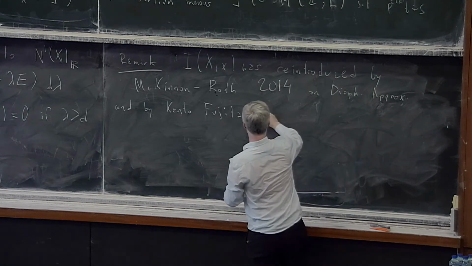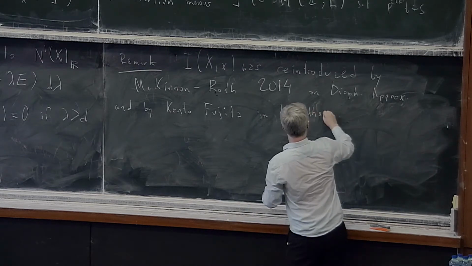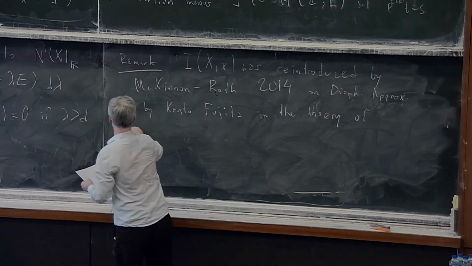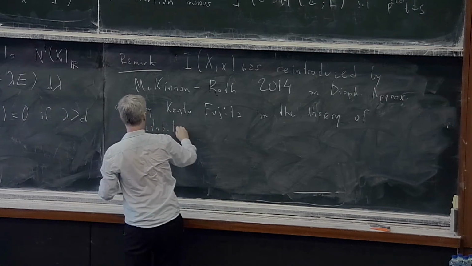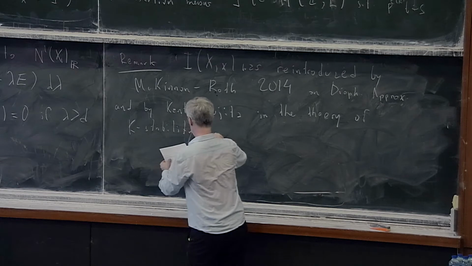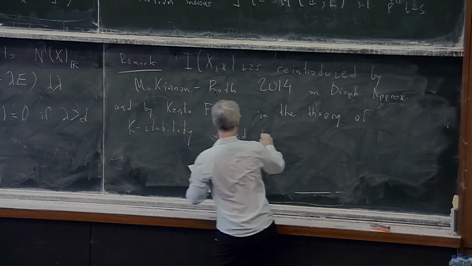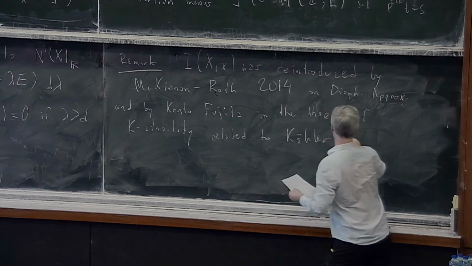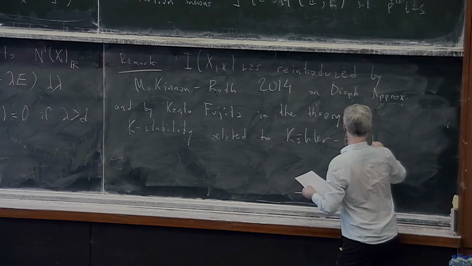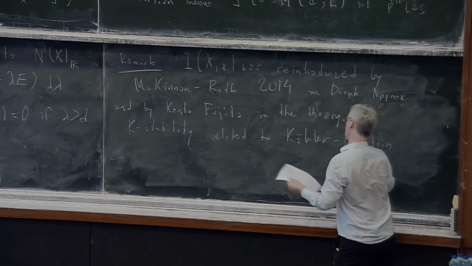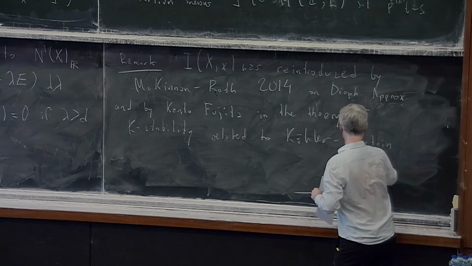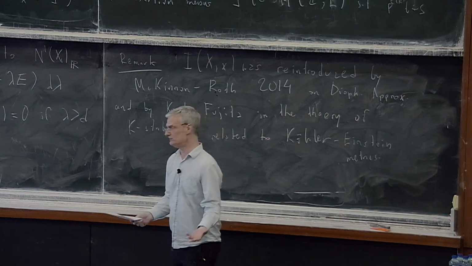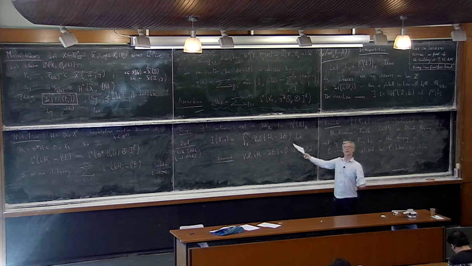In the theory of K-stability related to Kähler-Einstein metrics, he does it in great generality. I mean, he knows everything about this Mori program in high dimension, but I did not really find anything that was useful for the problem I'm interested in, to compute the invariant, say, for varieties.